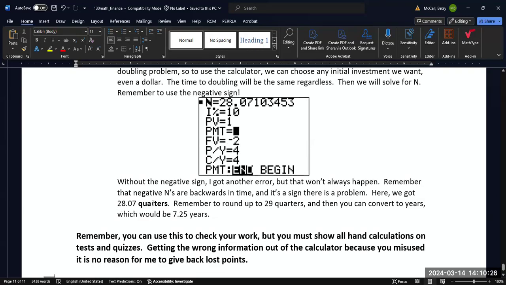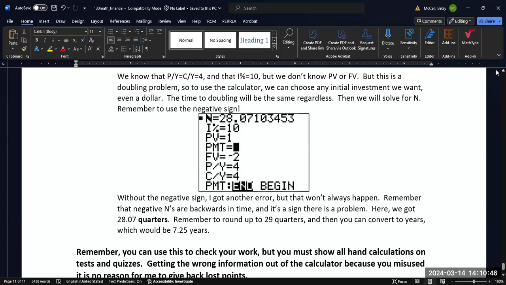So this is 28.07 quarters. That would mean we actually technically need 29 quarters because 28 is not quite enough. So that would be 7.25 years. Again, this is a problem you can do this calculation for using just algebra.